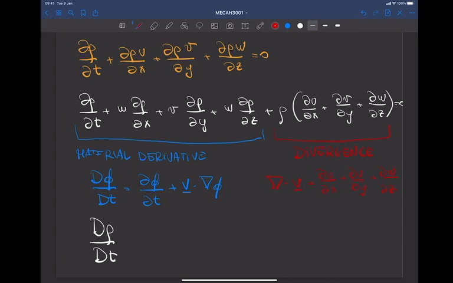Okay, so what you have here is exactly the divergence of v times the density rho. And so we get in this way an alternative, let's say, formulation of the continuity equation.